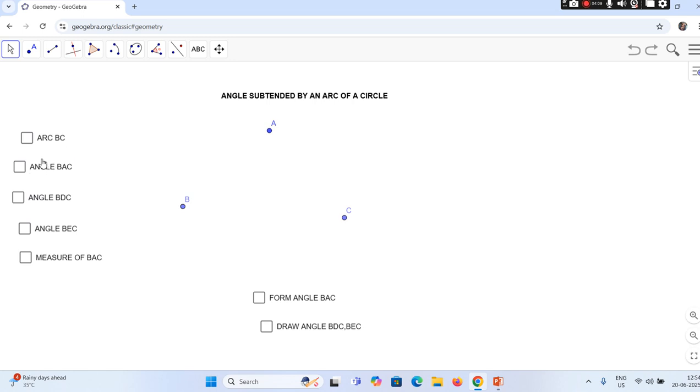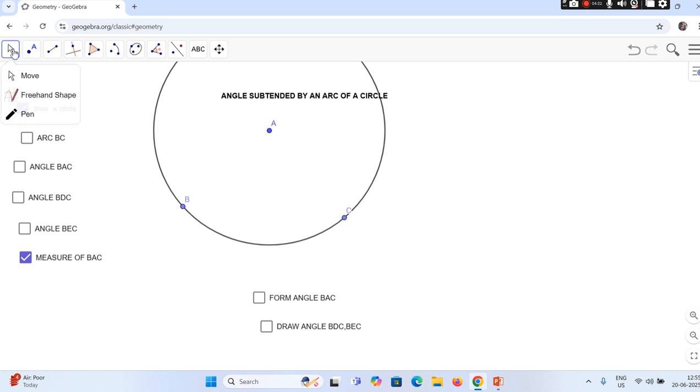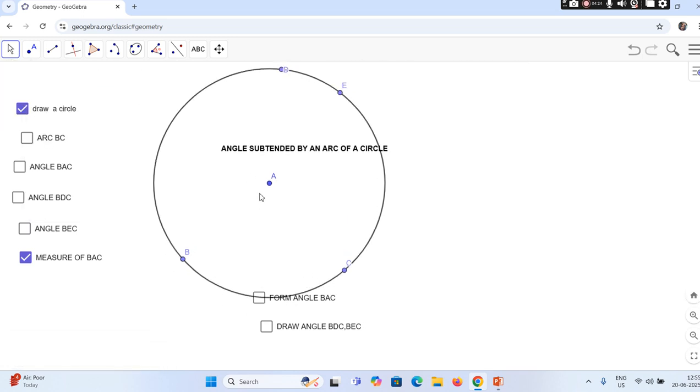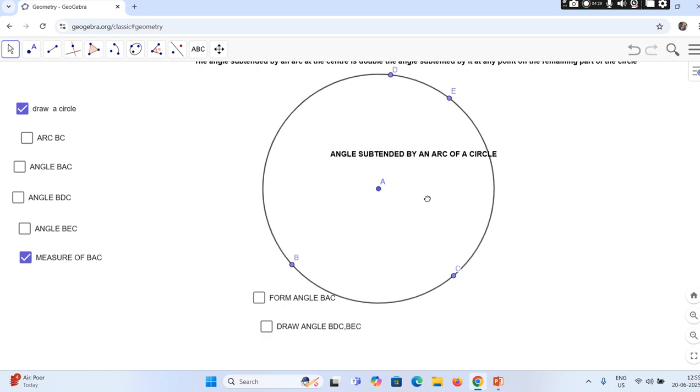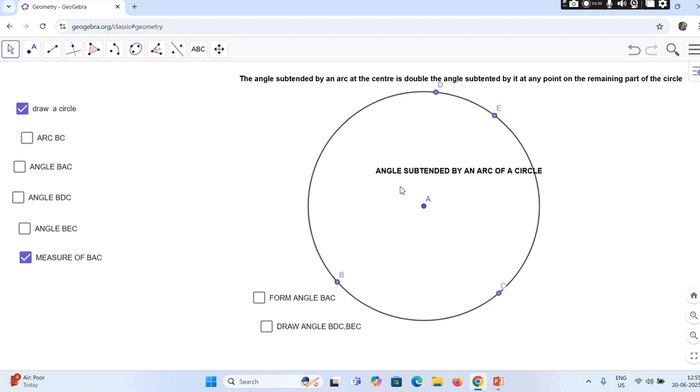For this, let's draw a circle with center A. Now we'll discuss the property. Which property? The angle subtended by an arc at the center is double the angle subtended by it at any point on the remaining part of the circle.